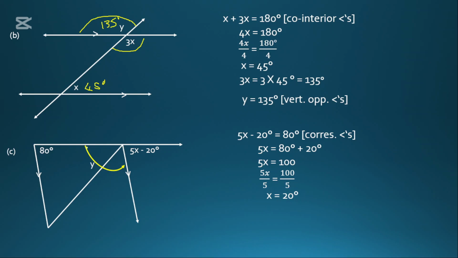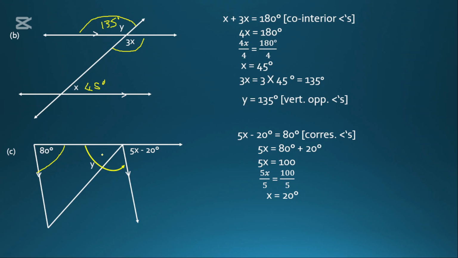Now I want this angle here, from the transversal there to the parallel line. From that transversal to that parallel line, that is y. You can see these angles here are co-interior angles. So y is from there right over to the parallel line.